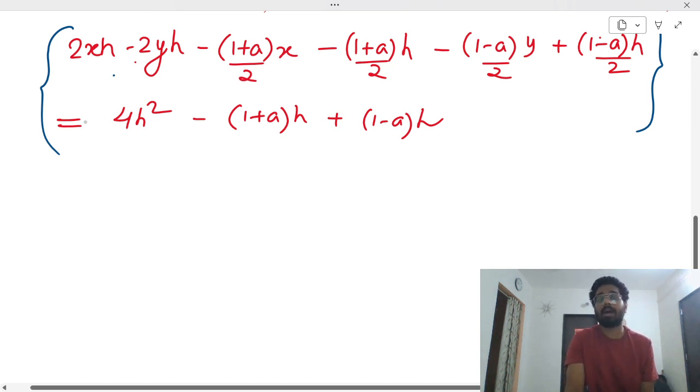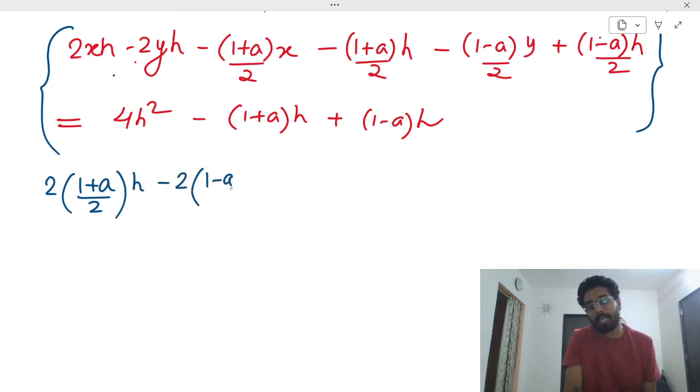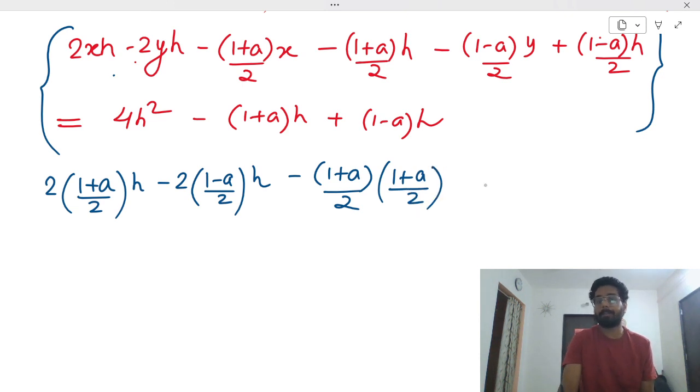So in place of x and y, put 1 plus a by 2 and 1 minus a by 2. So 2 times of 1 plus a by 2 into h, minus 2 times of 1 minus a by 2 h, minus 1 plus a into 2 into, in place of x we are placing 1 plus a by 2. h will remain the same, there will be no change on this part.